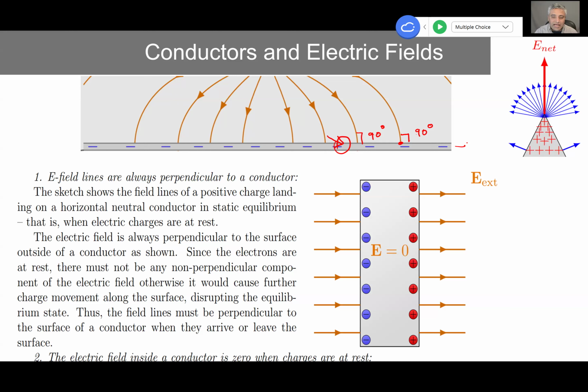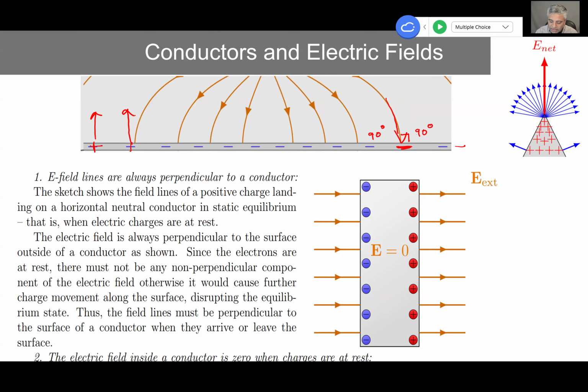So if charges are not already moving, and that's the case for conductors, there are positive and negative charges, and they are spread all over the surface. So when a field line arrives close to that, what happens? This being negative charge here, the field line is entering towards the negative charge, of course. If this was positive charge, then the field line would be leaving the surface. When they do, they would be perpendicular.